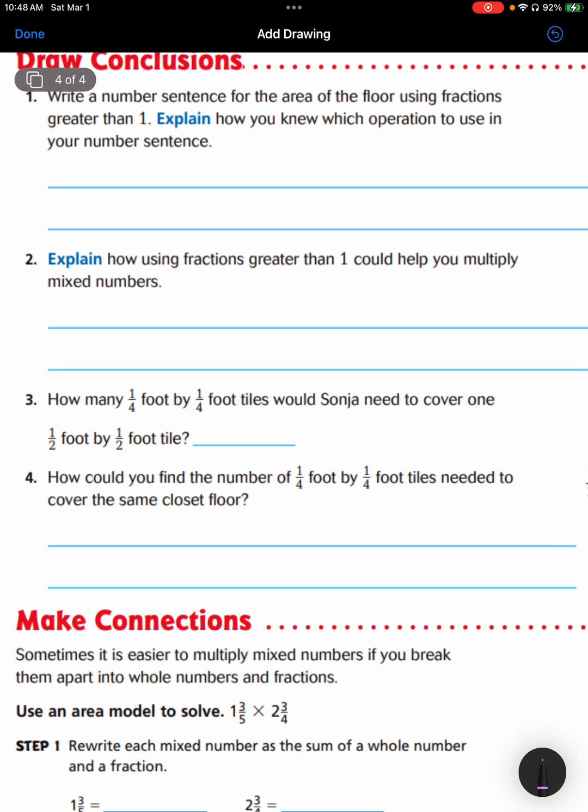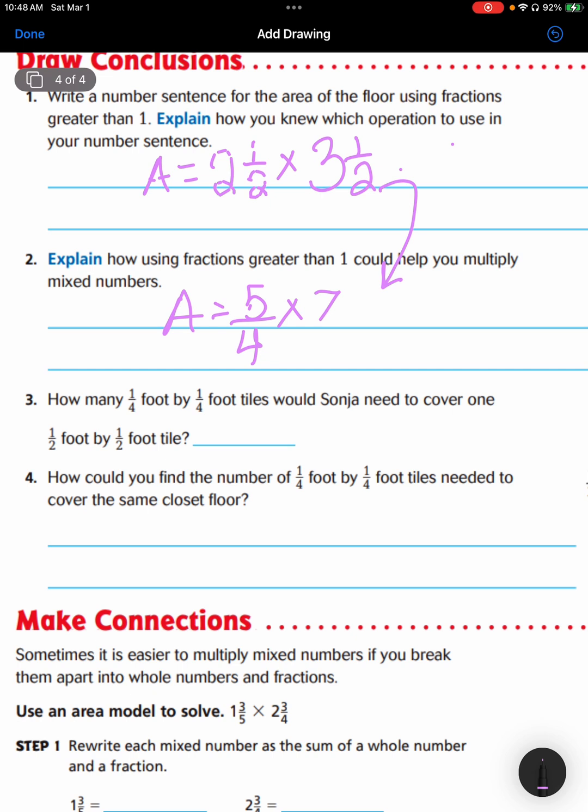So we know that we have to multiply 2.5 times 3.5. Now if we were going to convert these into improper fractions, we already did that on our first page. So all we have to do is switch out those numbers. So instead of 2.5, I'm going to put 5 over 2 times my 3.5 converted to 7 over 2.